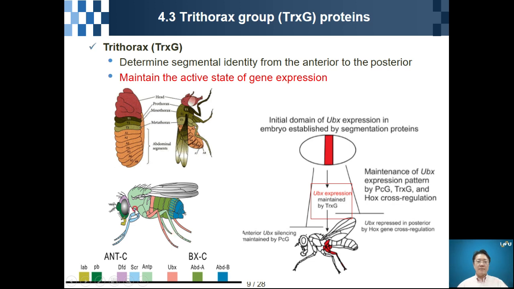How about the T1 leg? To make the T1 leg, the SCR gene should be maintained in the T1 segment. So usually the main function of TRXG is to maintain the active status of gene expression.